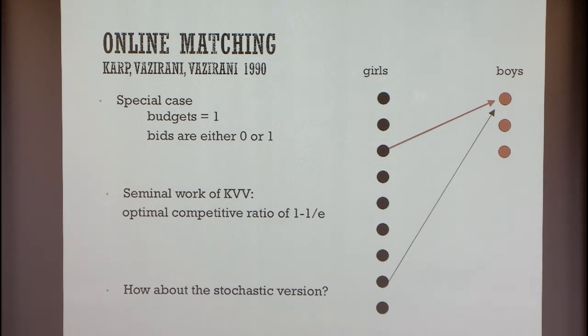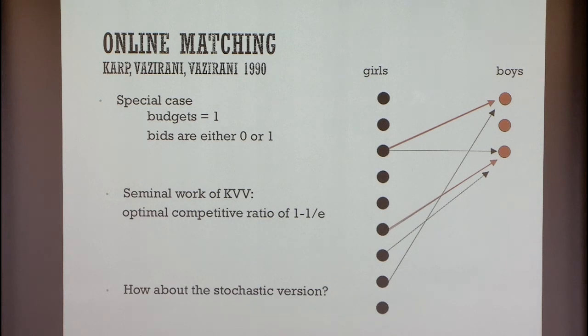The next one, between these three, you can match the boy to one of the two girls. Again, in this case, with any maximal allocation, as long as you have a boy that one girl is interested in, you allocate the boy to her, you can get factor half.